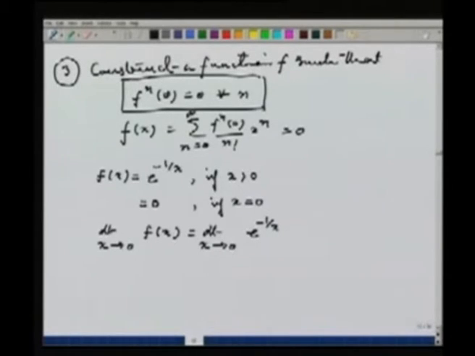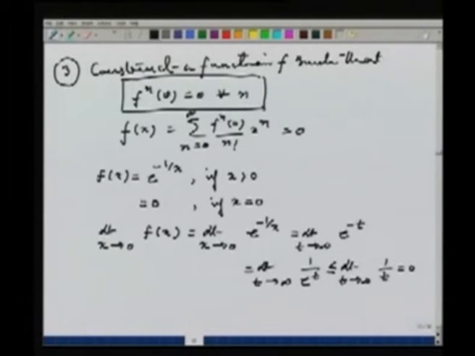If I put 1 by x equals t, this would mean the limit as t goes to infinity of e to the power minus t, which is the same as the limit of 1 by e to the power t, which is less than or equal to the limit as t goes to infinity of 1 by t. This is simply because e to the power t is bigger than or equal to t. That follows from the Taylor series as t is positive, which is equal to 0. So the function is continuous.